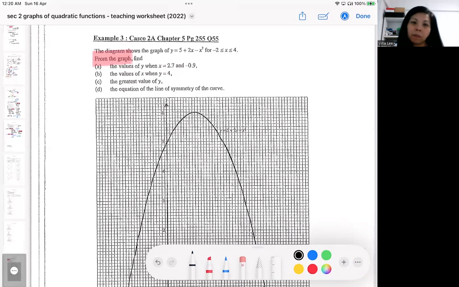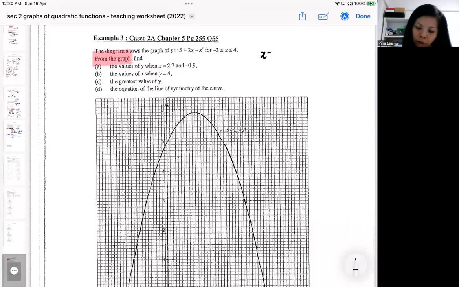For example, part A: find the values of y when x is equal to 2.7. If I don't do it from the graph, it's actually easier. I can just put it into the equation and punch the calculator.